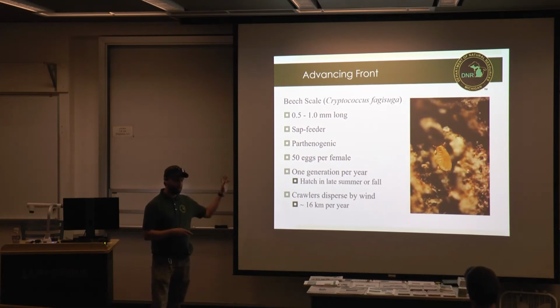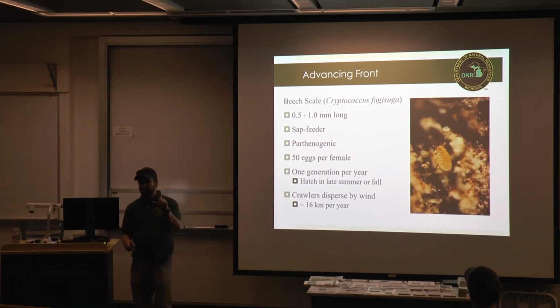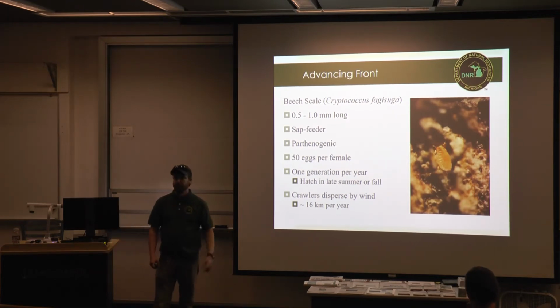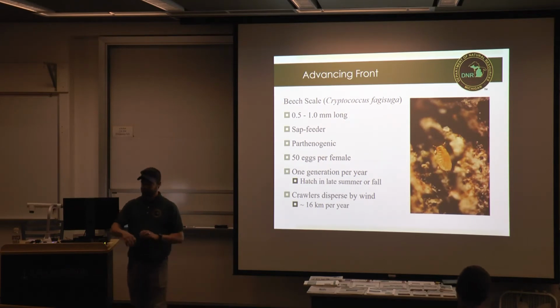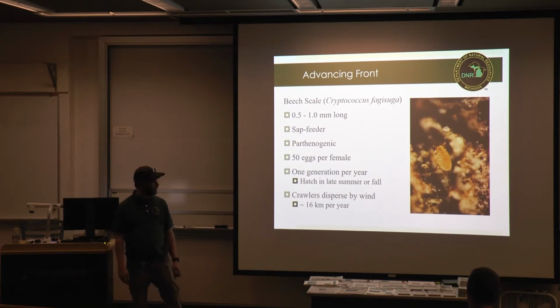So, they're parthenogenic, so all it takes is one to get started. They lay 50 eggs each. They're just one generation a year, but it's still going to build pretty rapidly. Usually you'll detect it at a low infestation, and it'll take 1 to 2 years to become whitewashed, or basically covered in white wax, if it's highly susceptible to beech scale.